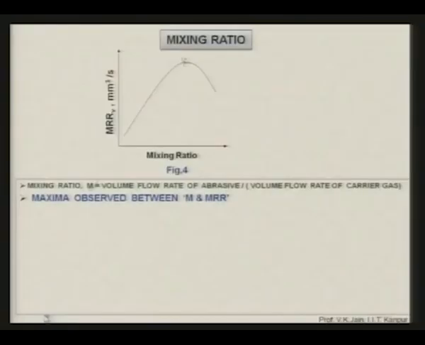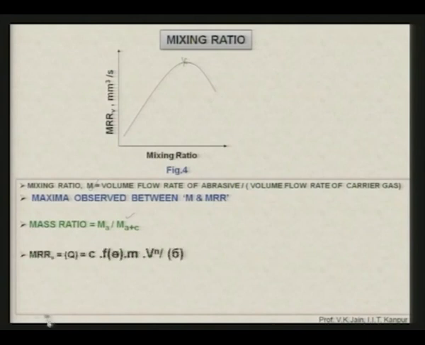This we have discussed earlier also in some sense. Maxima is observed between m and MRR. There is another term which is known as mass ratio, and it is given by MA divided by MA plus MC, where MA is the mass of abrasive particles and MA plus MC is the mass of abrasive particles plus carrier gas. Now, there is an empirical formula.